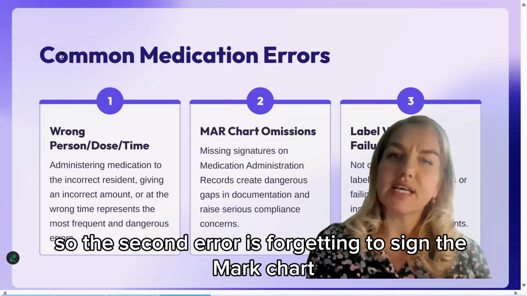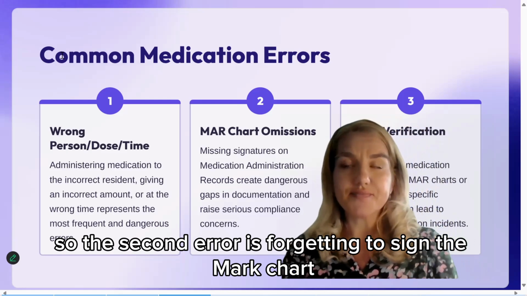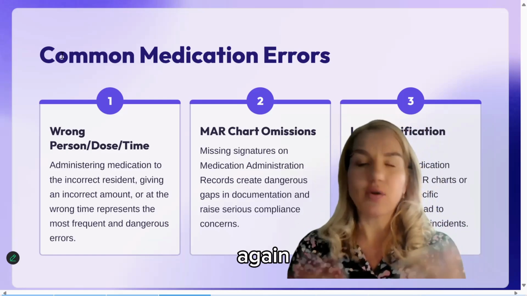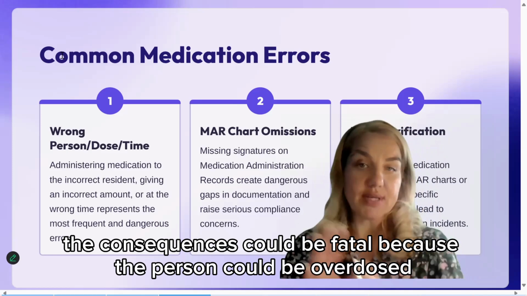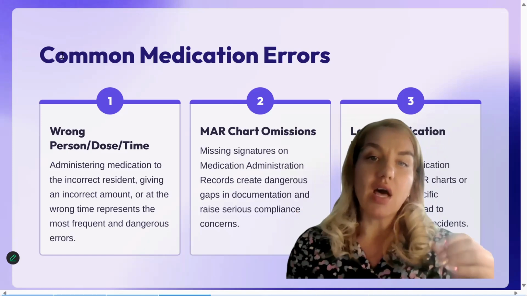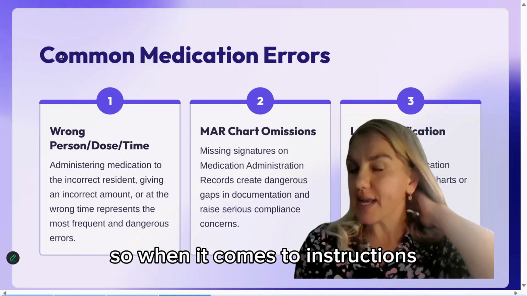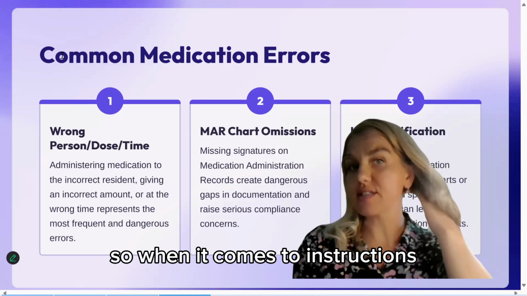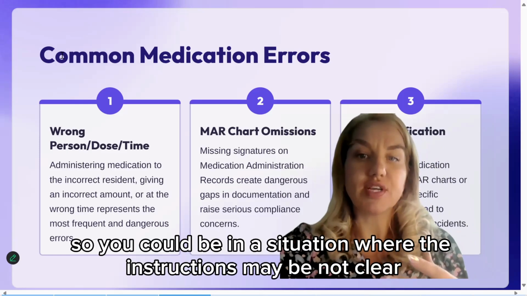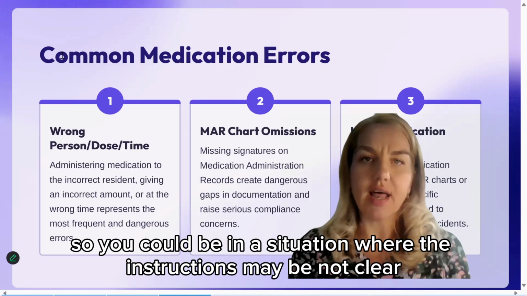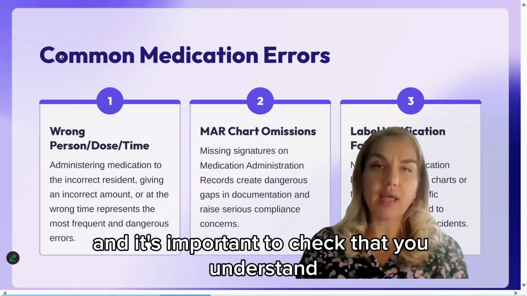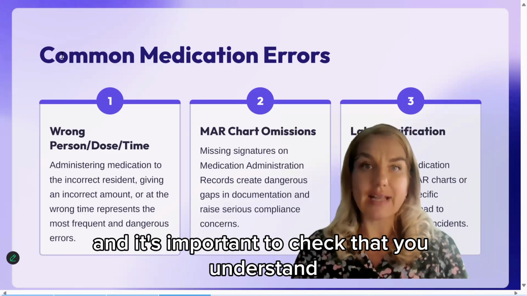The second error is forgetting to sign the MAR chart. Again, the consequences could be fatal because the person could be overdosed. Another error is not checking labels or instructions carefully. You could be in a situation where the instructions may not be clear, and it's important to check that you understand.